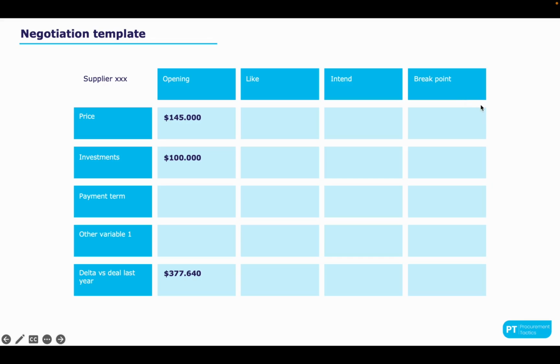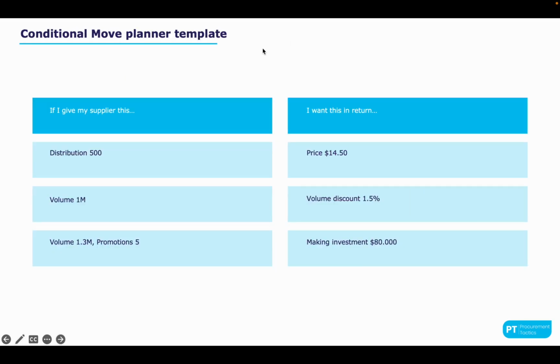This gives a great overview on the steps that you could take within the negotiation, and that's a nice bridge towards the next slide. If you are thinking of giving away a new proposal based on new variables, always make sure that all the proposals that you are giving are conditional.